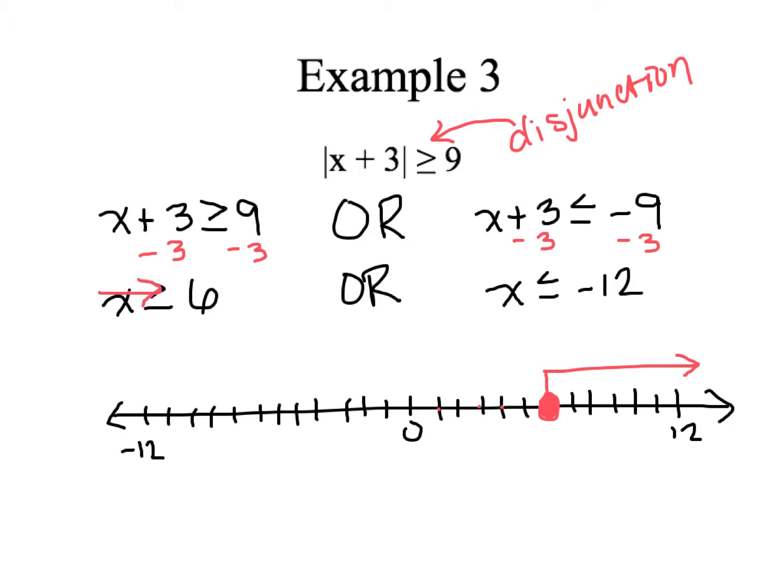That's how the arrows go, just a little trick as long as the x is on this side. Okay, x is less than or equal to negative 12. So it's a closed circle and the arrow is facing this way. So that would be my final answer.